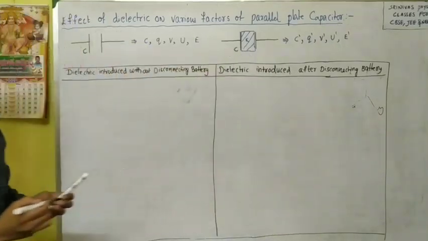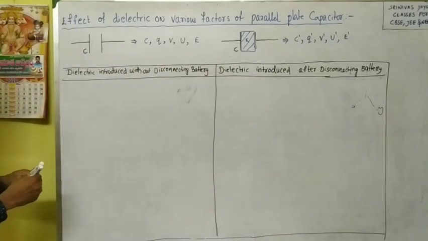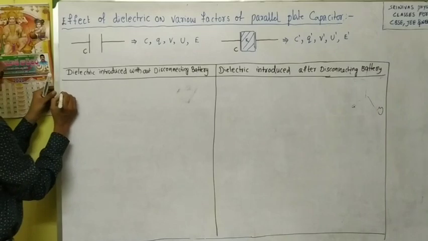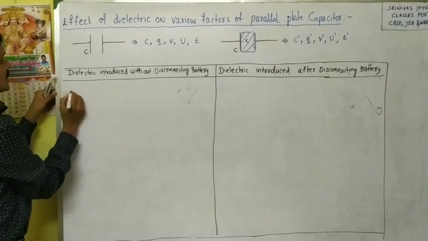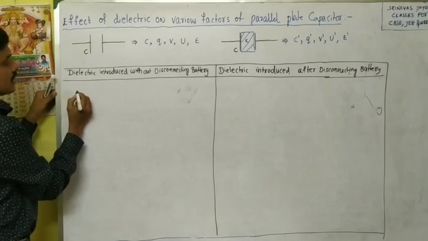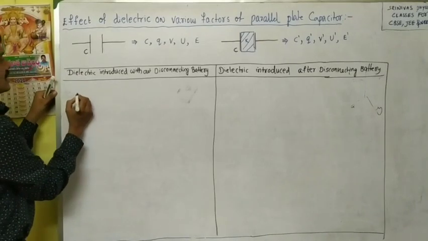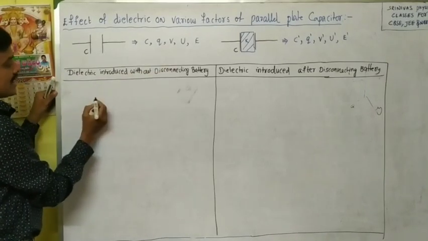It was very simple. I will draw a little diagram for this. In the first case, we are introducing the dielectric slab without disconnecting the battery.